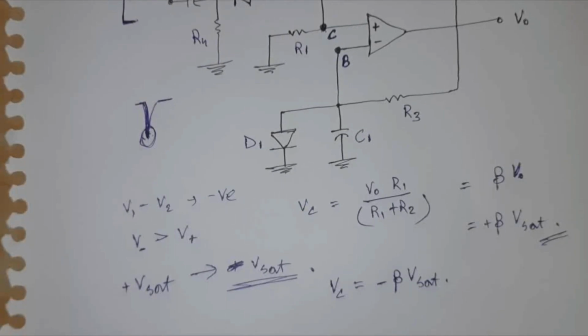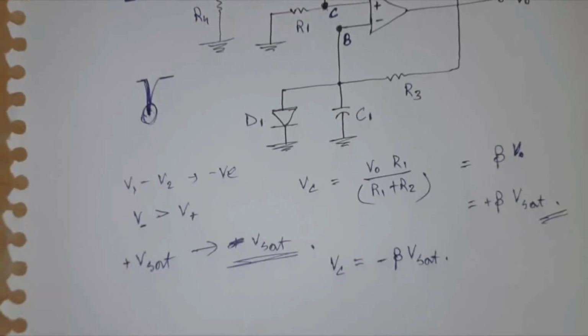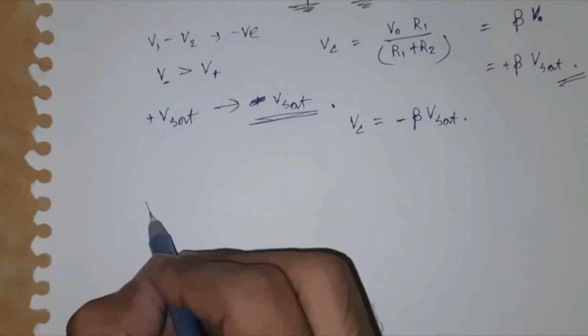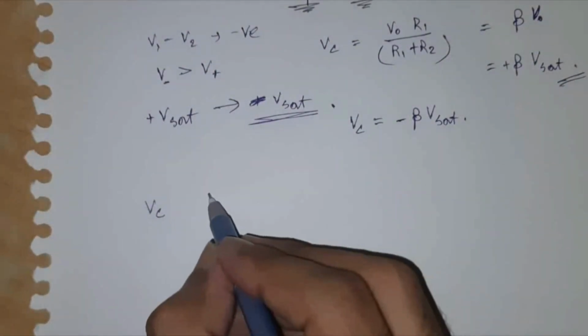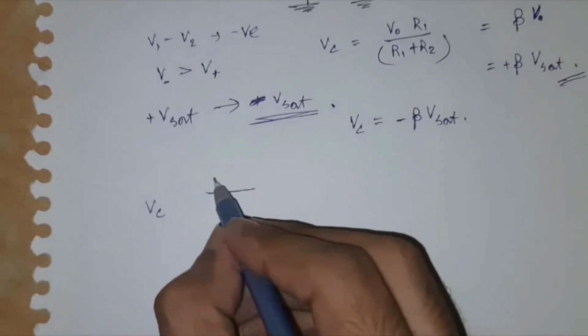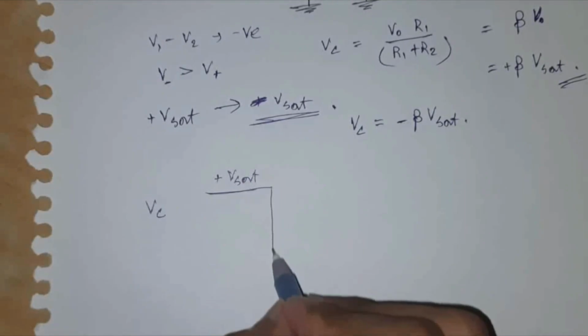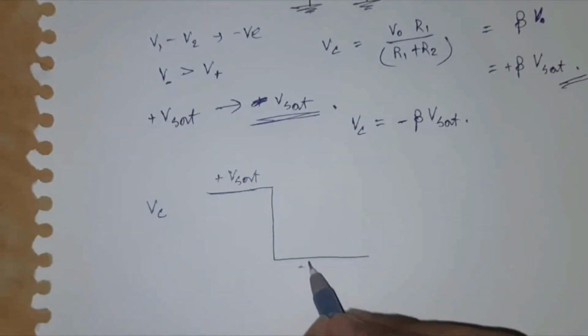Now we shall move on to the diagrammatic and mathematical treatment of the monostable multivibrator. So this is VC, and it goes from plus VSAT to minus VSAT.